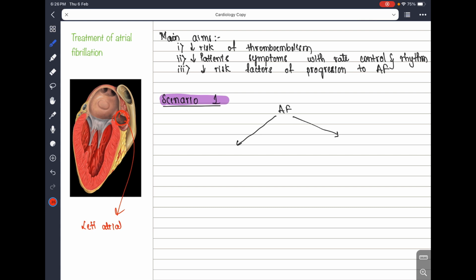Because the atria is not contracting properly, there are chances that the blood remains stagnant in this atrial appendage. When the blood is stagnant for a long time, there can be a thrombus. This thrombus can enter the systemic circulation and then the cerebral arteries, leading to thromboembolism.